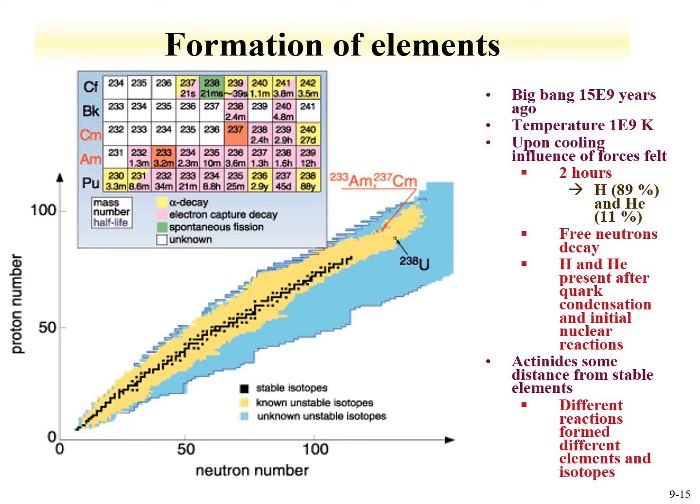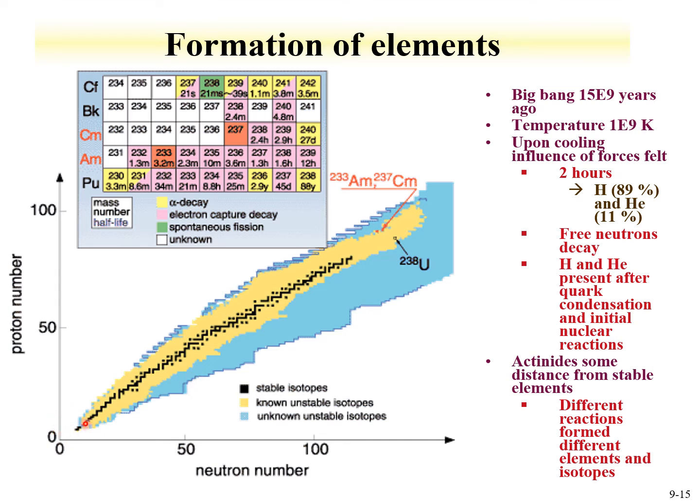The fundamentals of this is that the Big Bang, the start of the distribution of matter, occurred about 15 billion years ago at extremely high temperatures. Upon cooling, the influences are felt within 2 hours. Hydrogen and helium are formed.